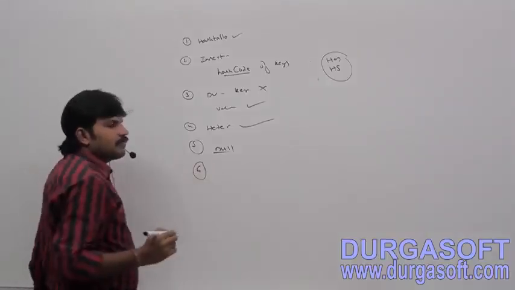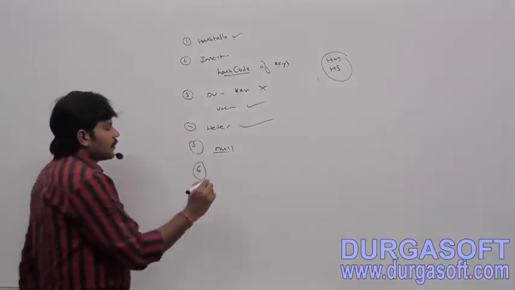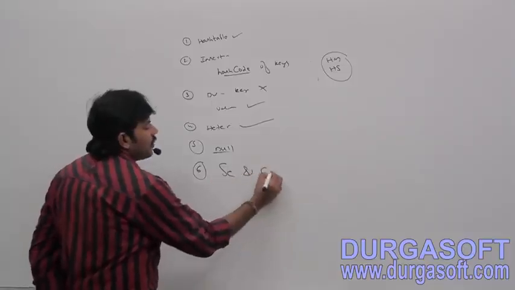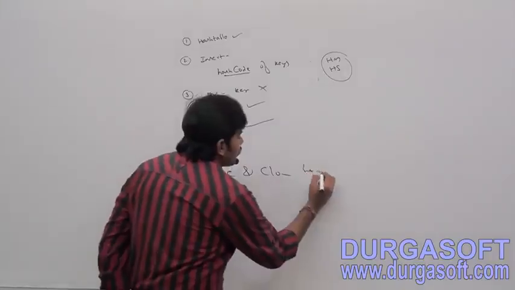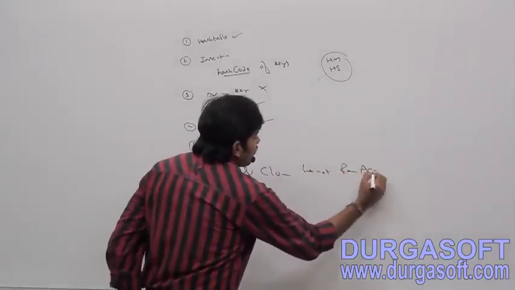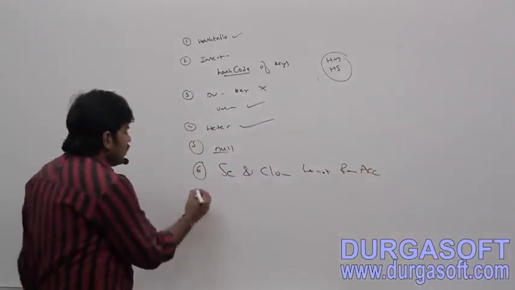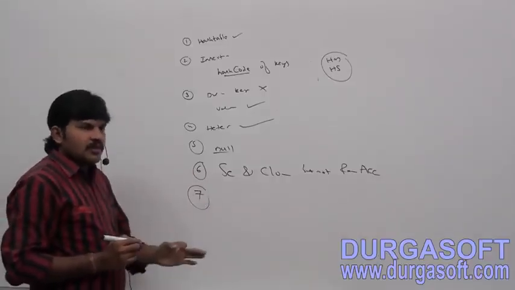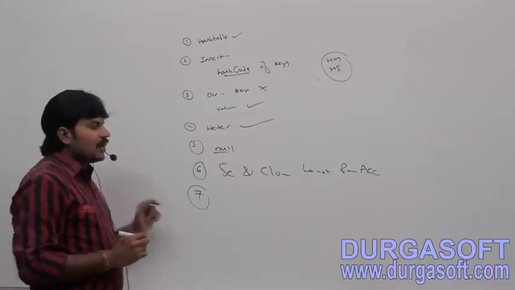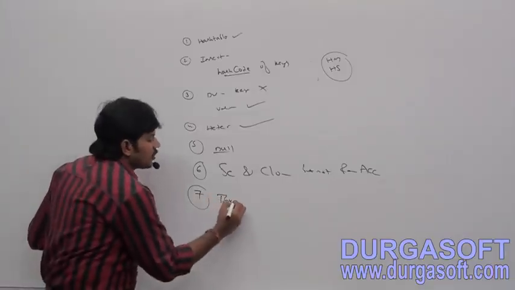Next, hash table implements serializable and clonable, but not random access. Next, every method present in hash table is synchronized, and hence hash table object is what? Thread safe.